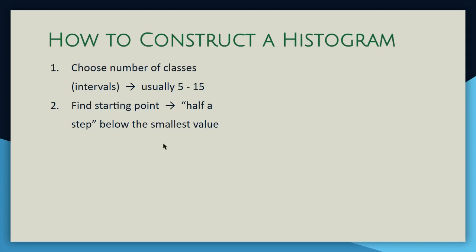To figure out the range of data, how wide it is on a number line, we're going to find our starting point, which is half a step below the smallest value in your list, and then the ending point, which is half a step above the largest value in your list.